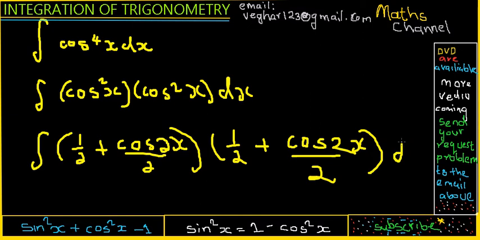And then you will multiply them all together: this one by that one, this one by that one, this one by this one, this one by this one.